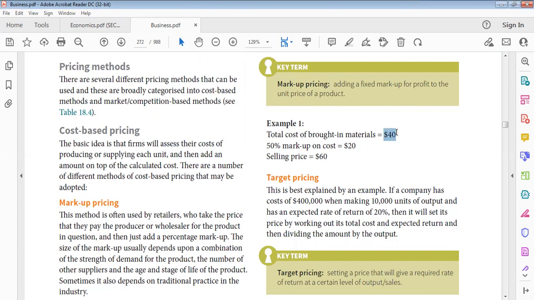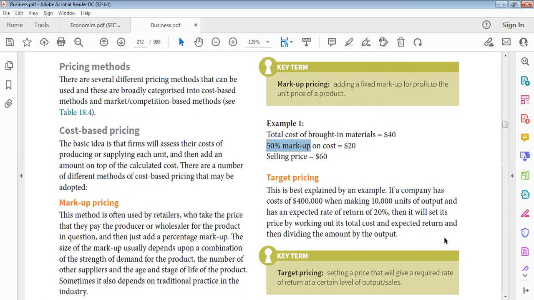Half of 40 is $20. So $40 is his cost, and he wants $20 extra as a profit. Very easy calculation. What is his price? His price is 60, 40 plus 20. So this is called markup.